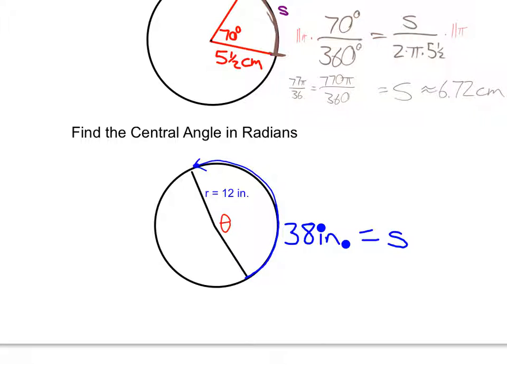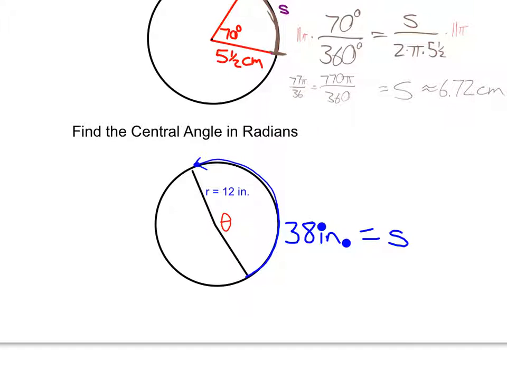Let's take a look at this example here. Let's say that we had this pulley that has a 12-inch radius, and it's attached to some part in our machine. Well, I need to move that part 38 inches total.